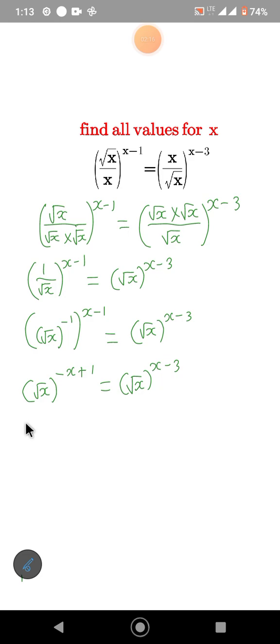Then now I'm going to take this one inside. So we have something like this. We say root x raised to the power minus x plus 1, then minus root x raised to the power x minus 3, everything equal to 0. Then now I'm going to split everything according to the law of indices.